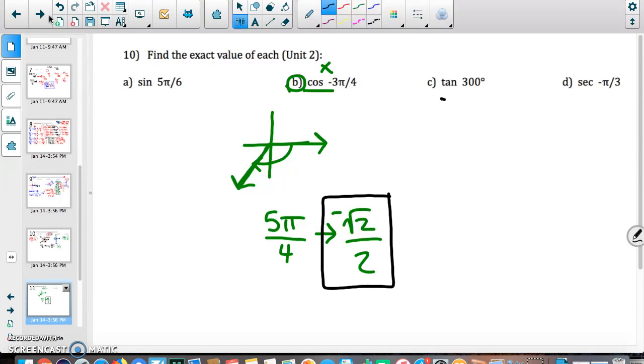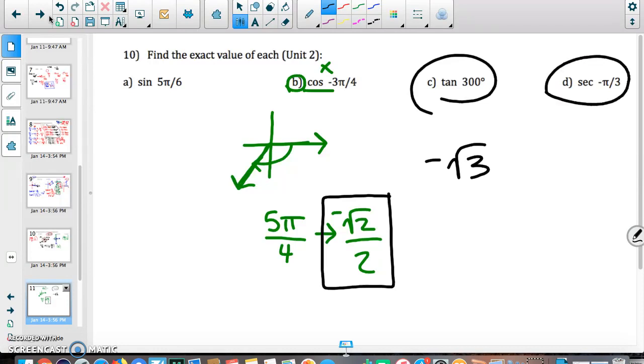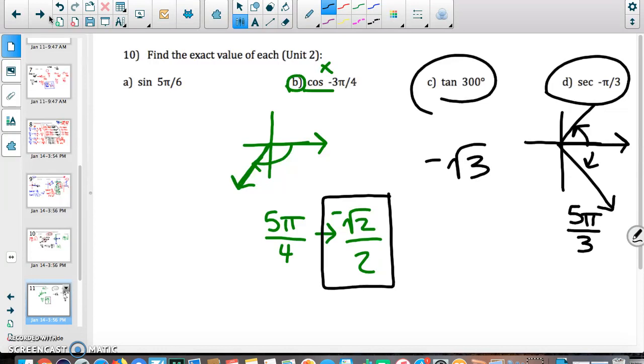So the tangent of 300 degrees, that should be pretty easy. Just look on your unit circle and you'll see it's negative root 3. I want to talk about this last one here. This is a little tricky. So again, negative pi over 3, this is positive pi over 3. Negative pi over 3, I'm just going in reverse this way down here. And that gets me at 5 pi over 3.